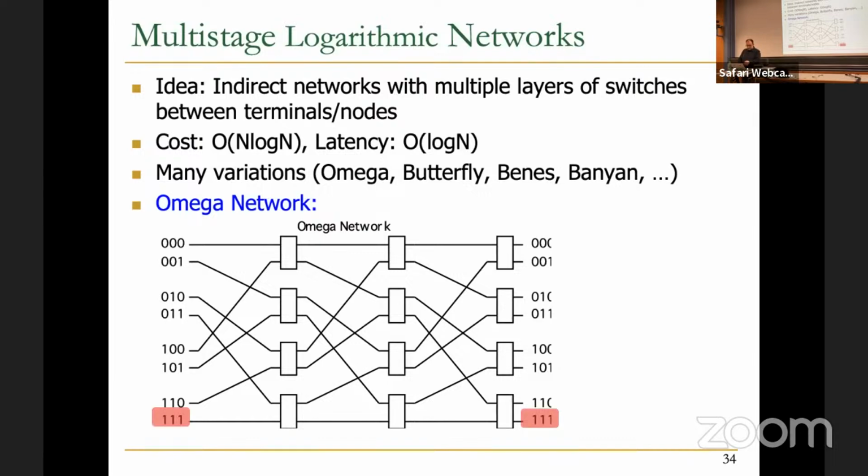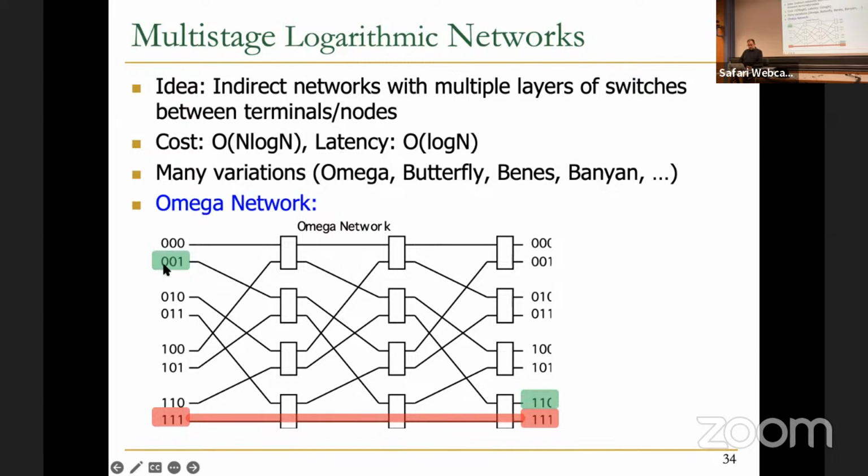An interesting thing about this network, for example the Omega network, is that it is a blocking network. Here you can see the definition of a conflicting network with this example. Assume there is a packet sending from this node to this node, and you can see there is only one path, and that's part of the issue. You don't have path diversity.